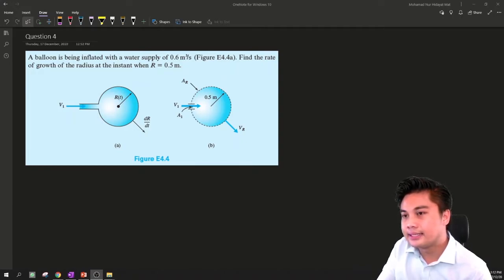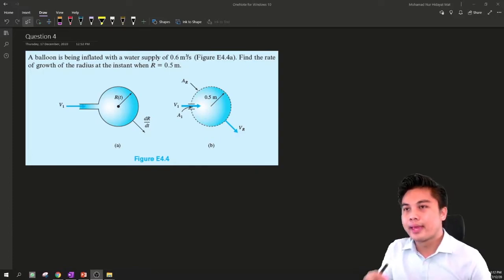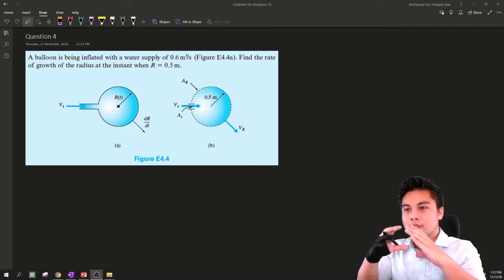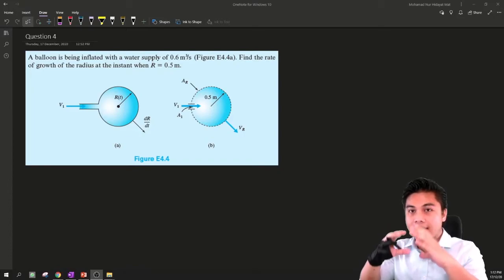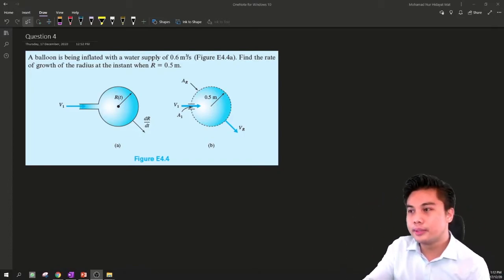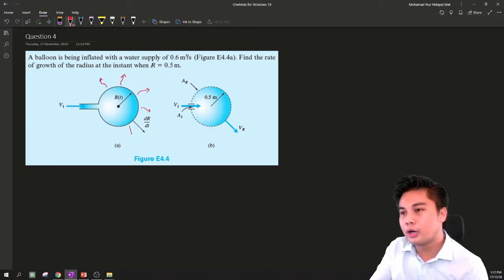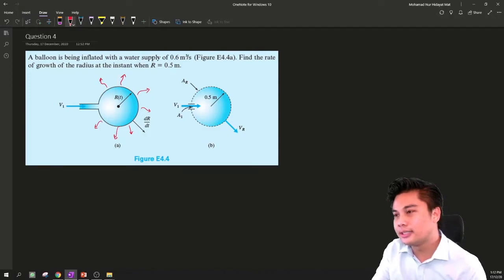Let's say this is velocity coming to the balloon and it will expand the balloon, so it will be surrounding, it will go in this direction. The velocity will be outward from this balloon. Alright, so let's say that this is velocity R.